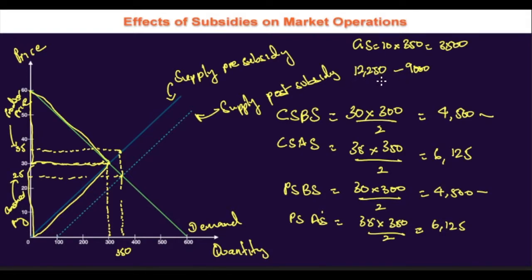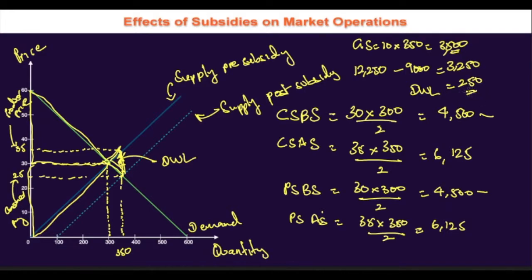So 12,250 minus 9,000 would be 3,250. This is the increase in total benefit, but the government is subsidizing 3,500 while the benefit is only 3,250. So this 250 is the deadweight loss. This part of it is the deadweight loss. It is of no use.